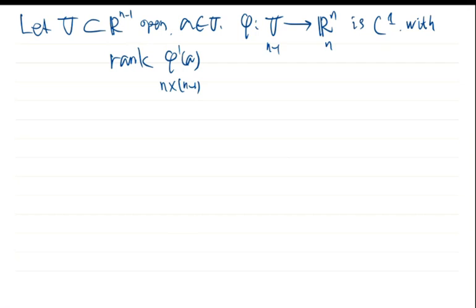If it is a square matrix, you can take the determinant. But if it is not a square matrix, you cannot take the determinant, but you can compute the rank of the matrix. That is the largest number of linearly independent column vectors.